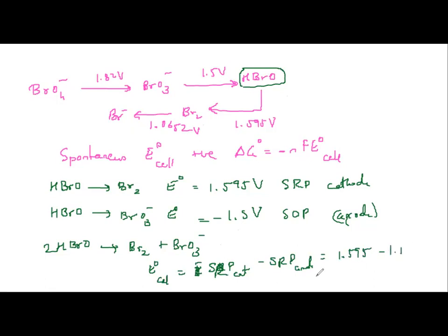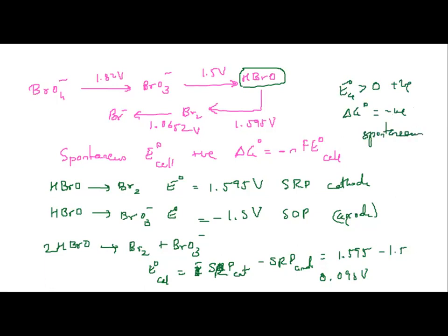The answer comes out to 0.095 volts. So 0.095 means E0 of the cell is greater than 0. That means E0 is positive. So in this case, delta G0 will be negative and the process will be spontaneous.